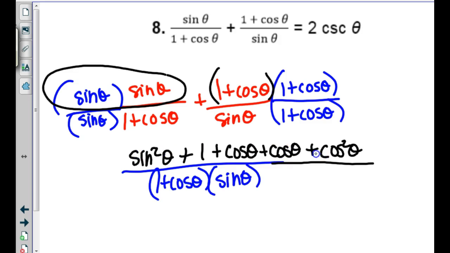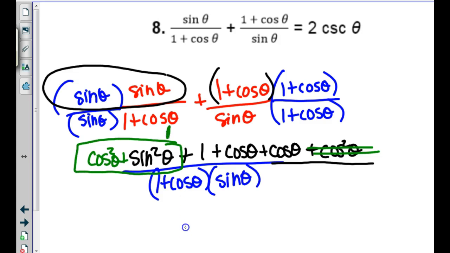A sine squared plus a cosine squared is what? Can I do that? Why can I do that? They're all added together, right? So can I just move this up here and add in any order I want? Right? So then these two add together to become what?